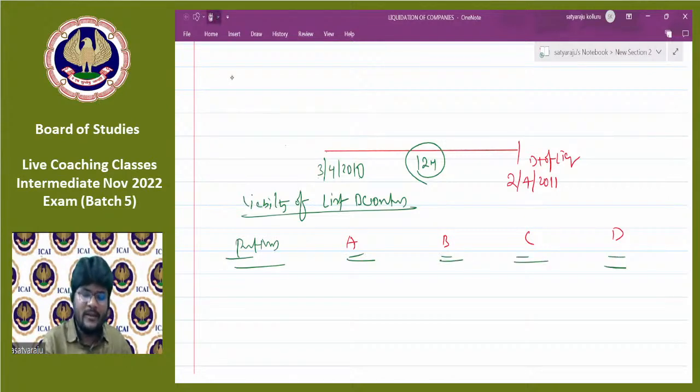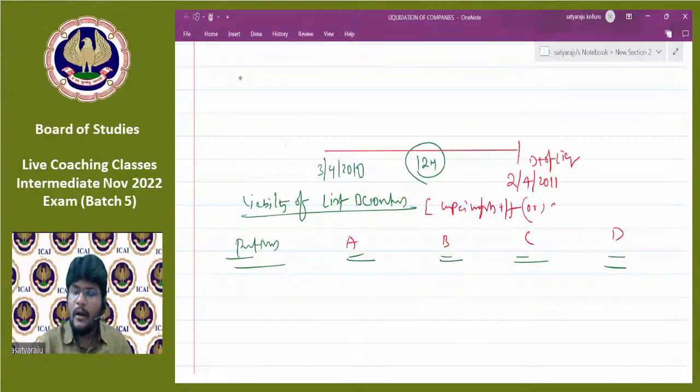Sir, now what is the maximum liability of list B contributories? I know one thing, that is nothing but unpaid value of shares transferred or creditors outstanding as on date of transfer. Whichever is lower is the maximum liability of list B contributory.